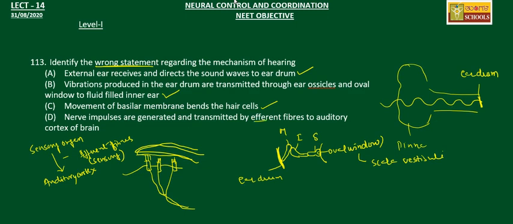Efferent fibers means motor. So the information that is generated will not be sent to the auditory cortex by efferent motor fibers. So that is wrong. Hence option D, the nerve impulses are generated and transmitted by efferent fibers. If it were afferent fibers to the auditory cortex, then the statement would be right. As they mentioned efferent fibers, this statement is the wrong statement. So hence the answer D option is right.